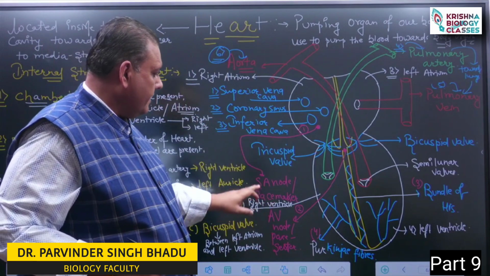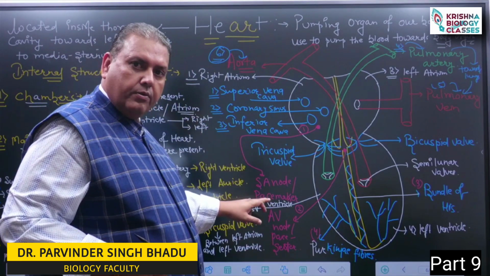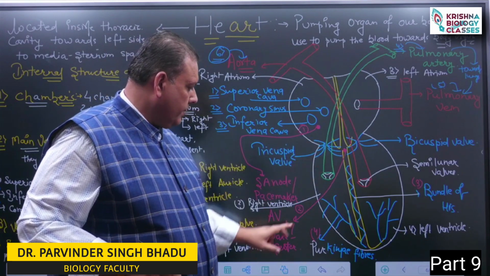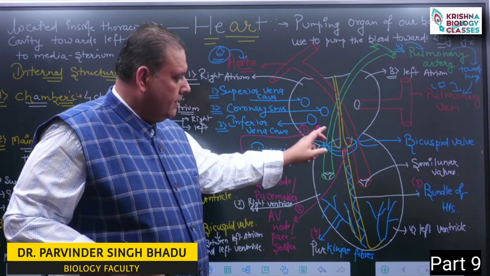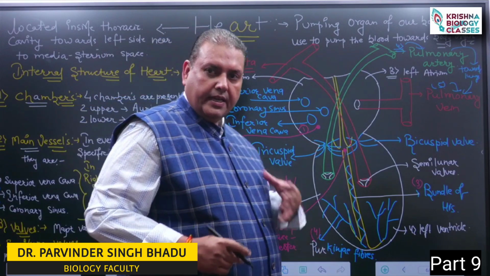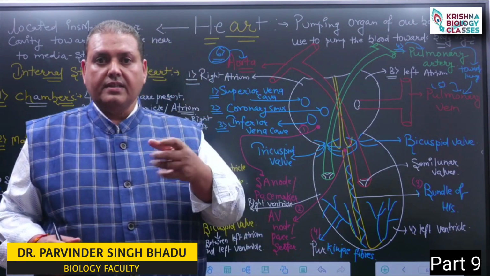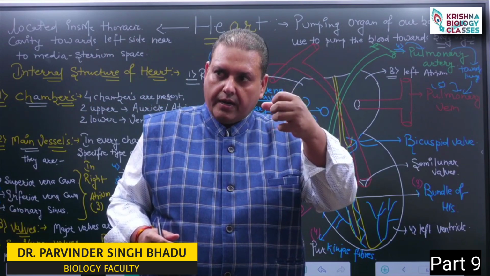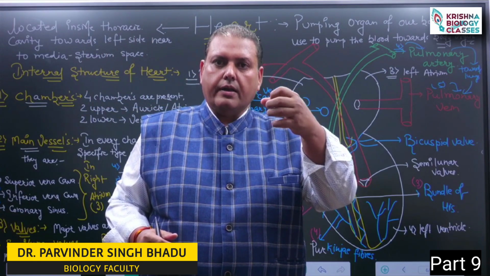This electric signal is generated from SA node, which is named as pacemaker. It reaches to AV node, pace setter, bundle of His, and Purkinje. As a result, due to these electric impulses or messages, the muscles of the heart used to get contract or relax.